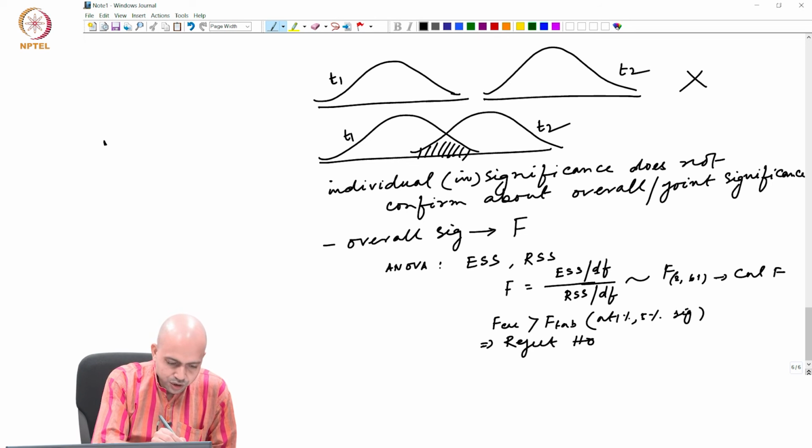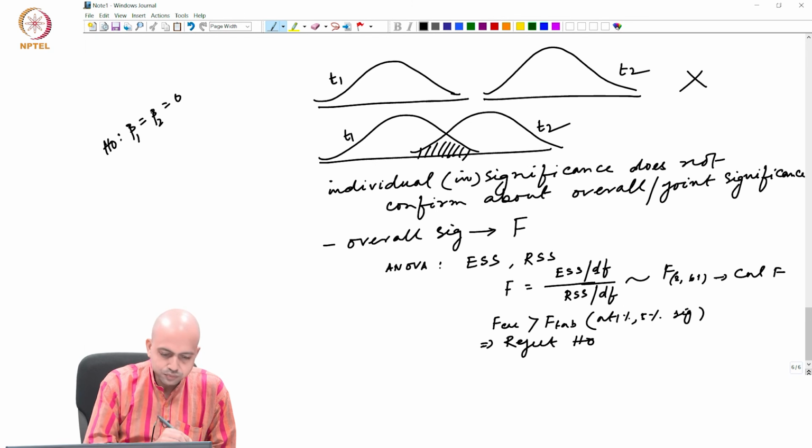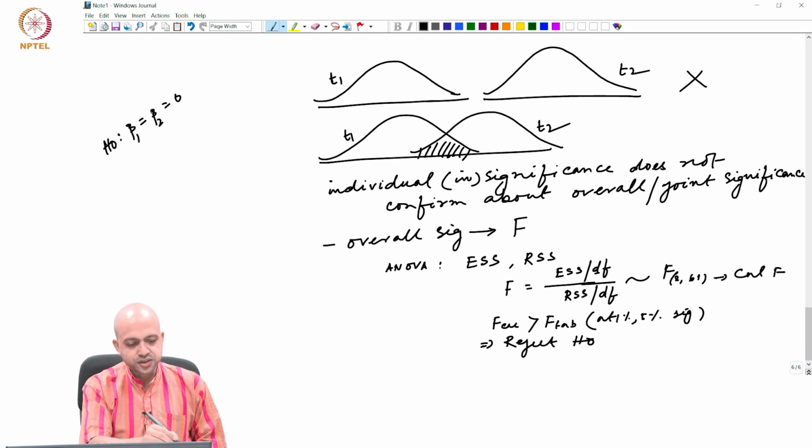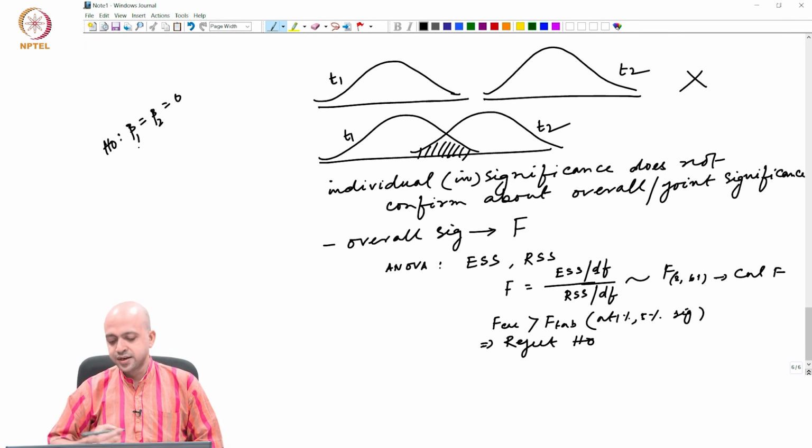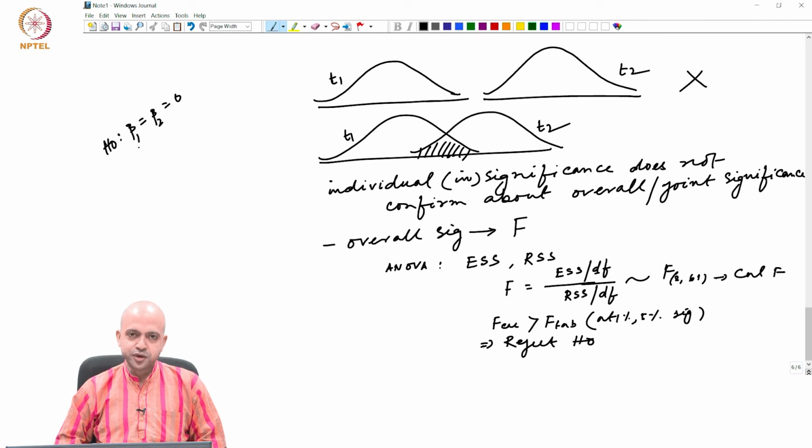And what is the H naught? H naught was beta 1 equals beta 2 equals 0. Once this is rejected, we will establish the alternative. That means, yes, the variables have joint significance also. But we need not compare the F value with the tabulated one, as we said earlier.